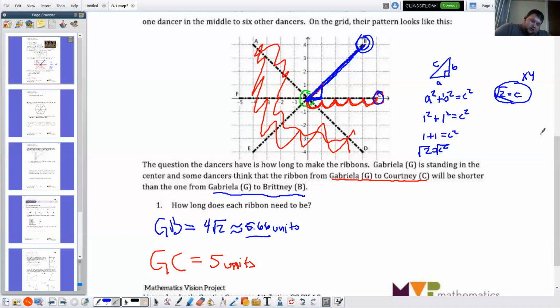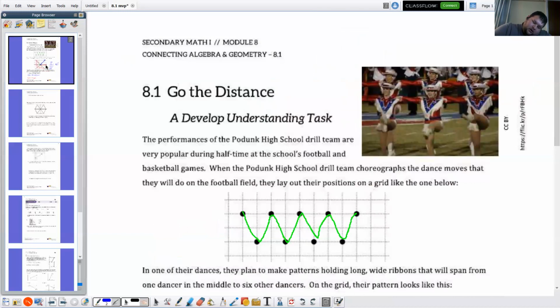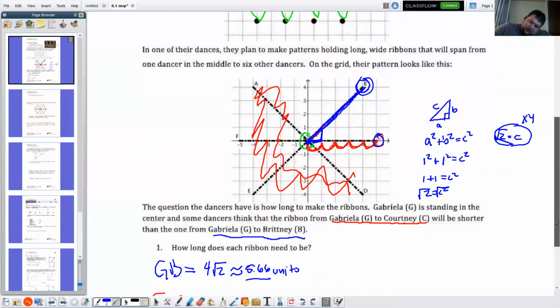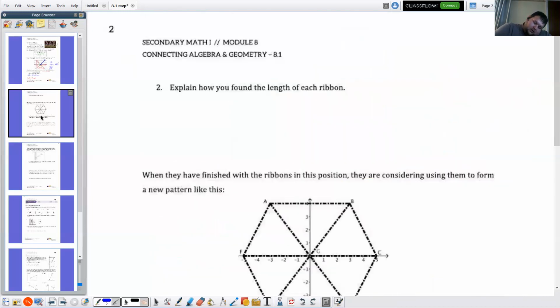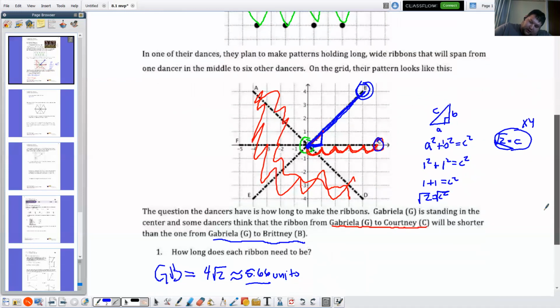Okay. So we're going to carry that over to the next one and explain how you found the length of each ribbon. So for GB, we used, let's see, make sure that's the right one, GB.